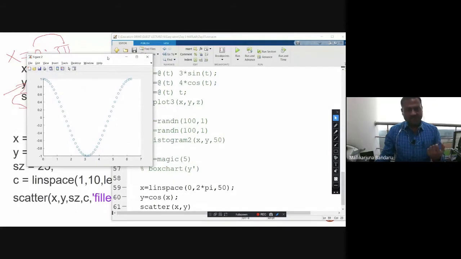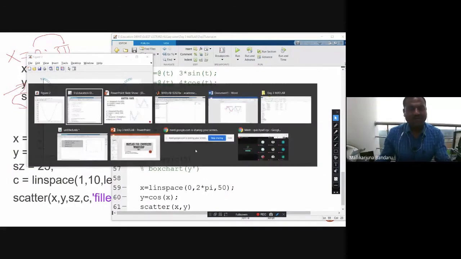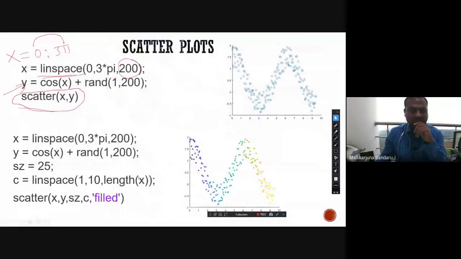Even for this also, if you want to change the color, you can change it, right? But see what the syntaxes are to change it. The length of x, I mean the number of points, if you would like to specify. And for that, this is the syntax actually. c is equal to linspace, at every point. What is the size is checked.